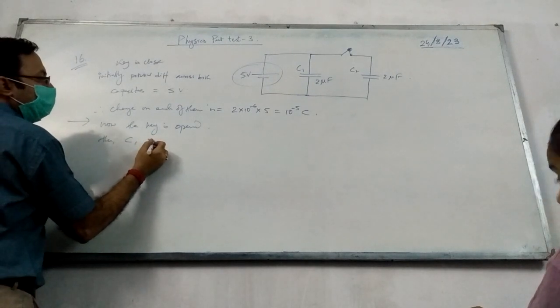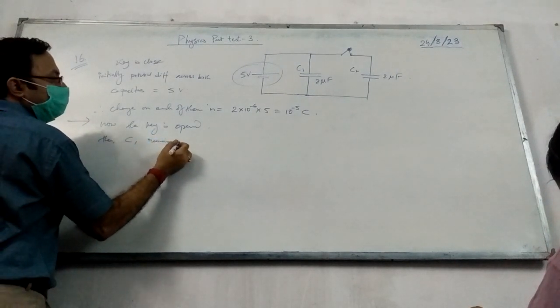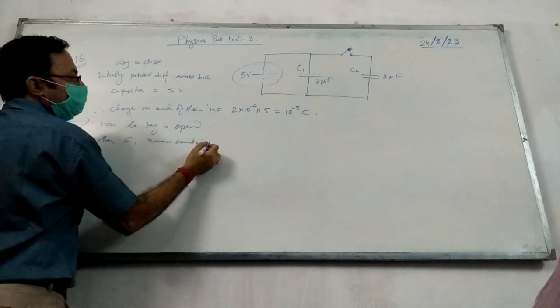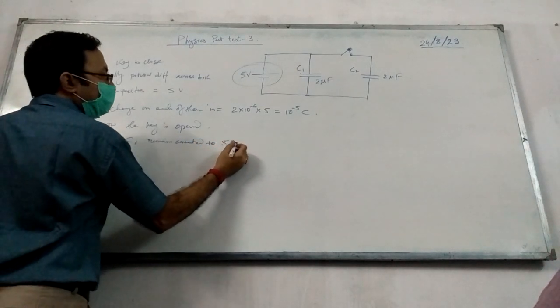So if the key is open, then C1 remains connected to the 5 volt battery.